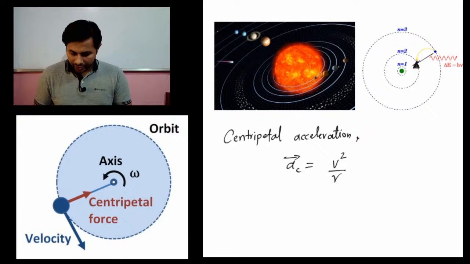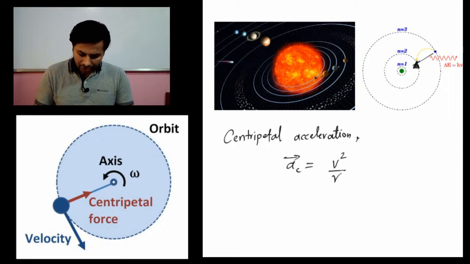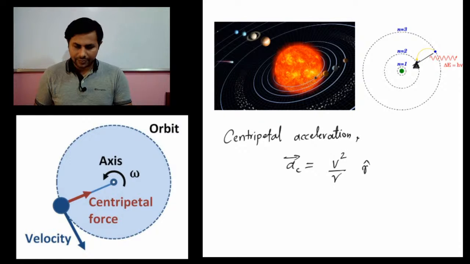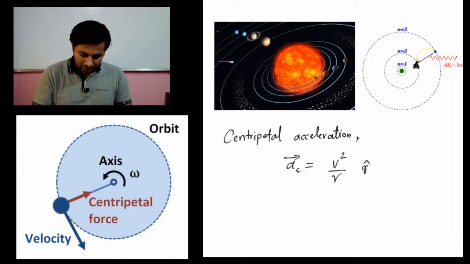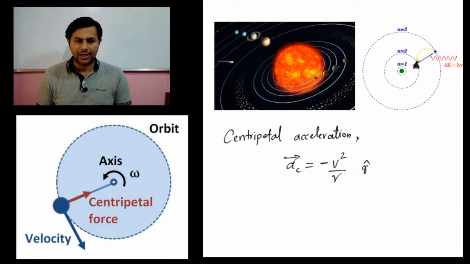To show the direction, we use the radius vector r cap, which is directed away from the center. We want this acceleration towards the center, so we put a negative sign. So the centripetal acceleration vector a_c is equal to minus v squared over r times r cap. The magnitude is v squared over r, directed along minus r cap.